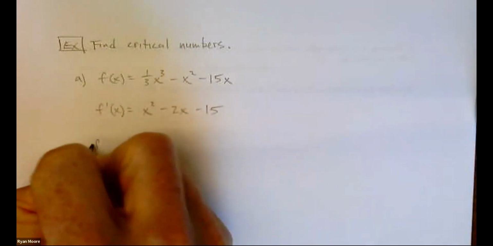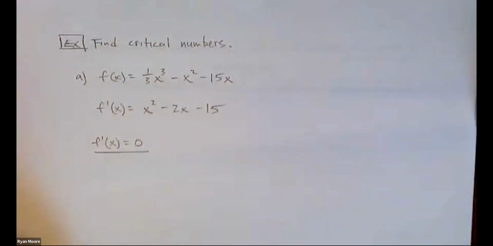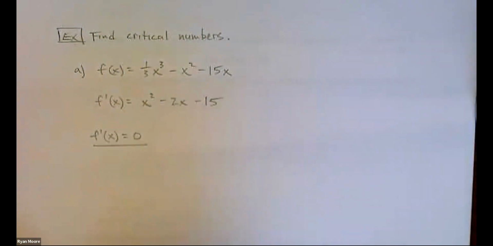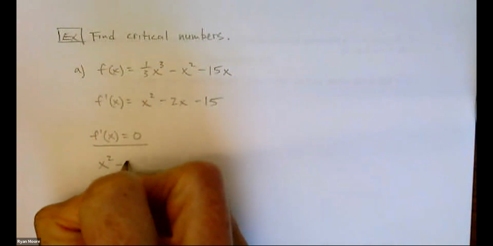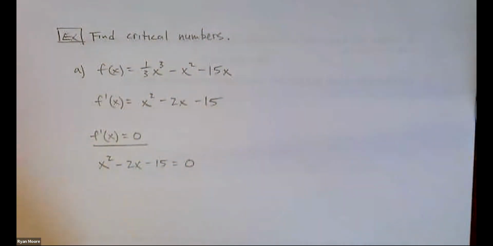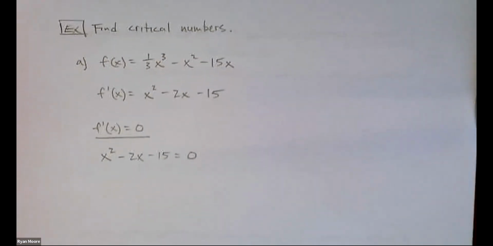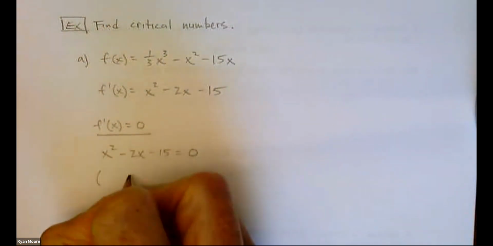Now let's begin. Where does the derivative equal 0? Let's start with that. Let's kind of investigate this. So I'll just say, hey, let me take my derivative, x squared minus 2x minus 15, set it equal to 0, and we'll solve for x. And here we're like, okay, well, maybe this factors.